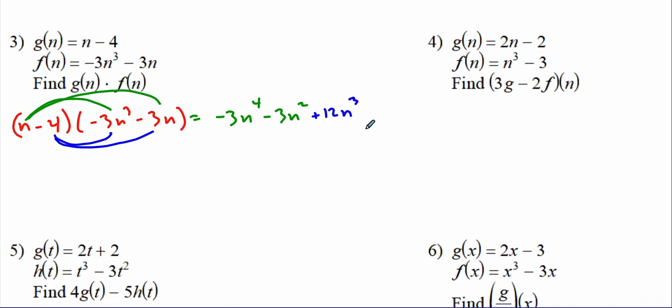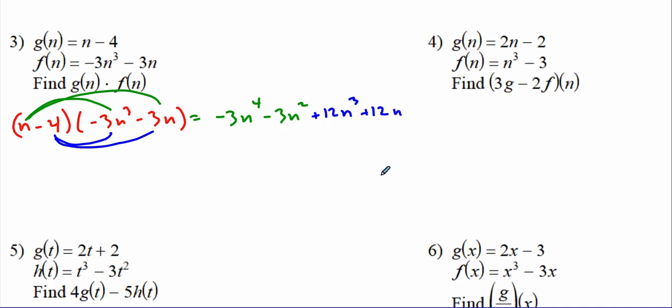Third power. Okay. And what else? Sorry, so -4 times the second part, the last part of the FOIL, the L. So -4 times -3n, this is plus 12, and what power is just n.